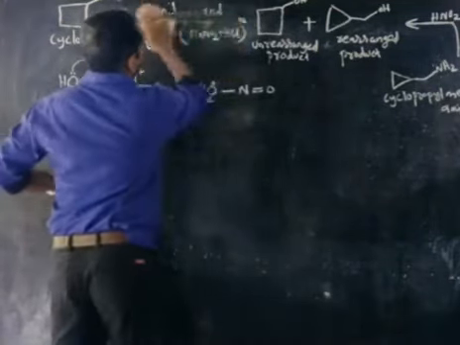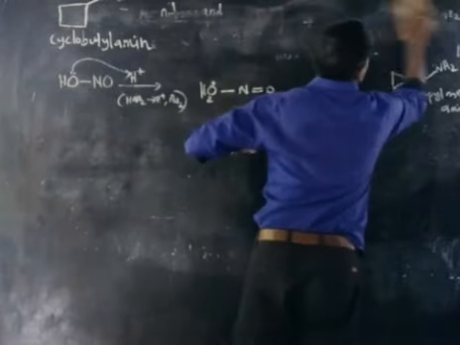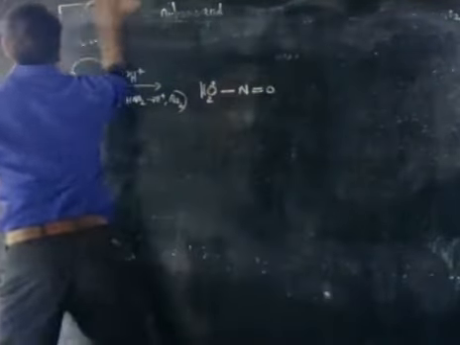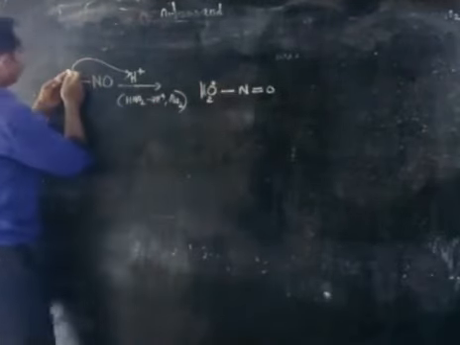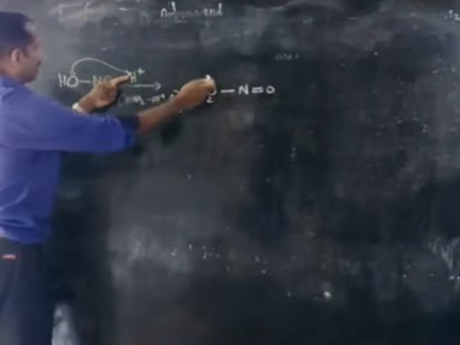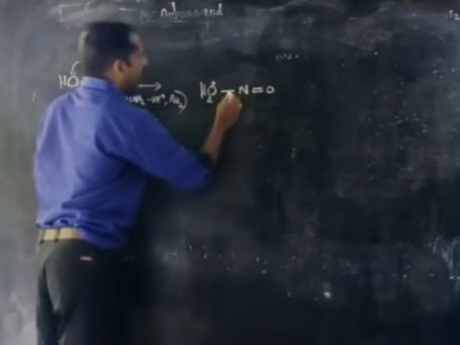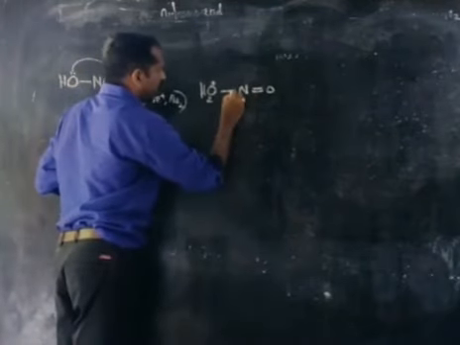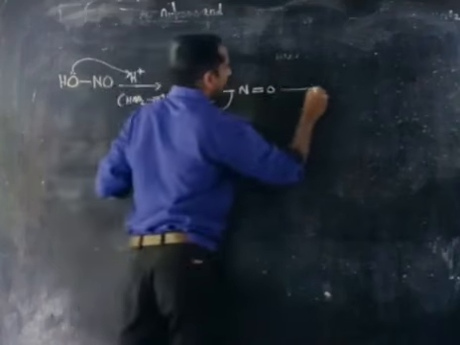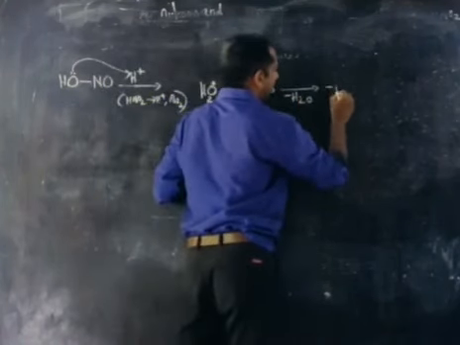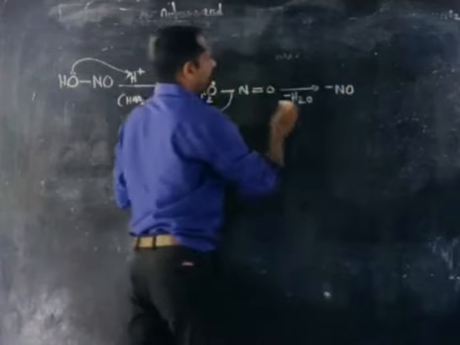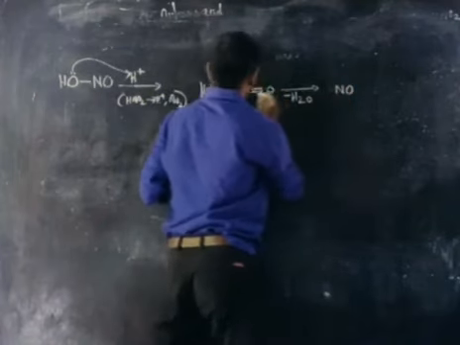Let me erase this one. The OH lone pair is attacking on H plus, so it is getting a positive charge. Then N double bond O. Now you can see minus H2O, and you get NO. What is the charge of nitrogen?